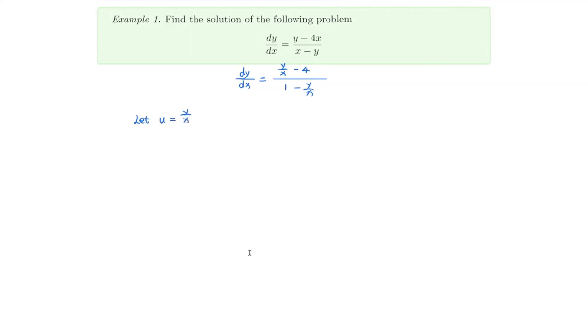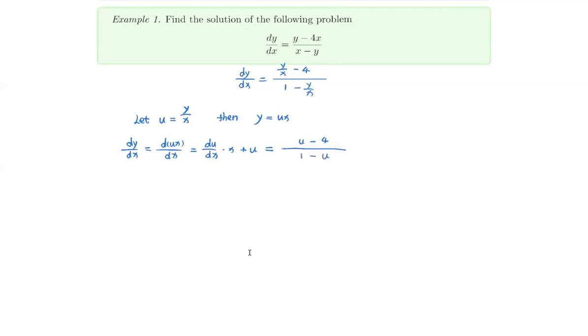Oh, my y looks like a v. Let u be y over x. Then y equals ux. Now dy over dx is going to be d of ux over dx, which is du over dx times x plus u. Now you can substitute your u back in there. That's going to give you u minus 4 over 1 minus u.